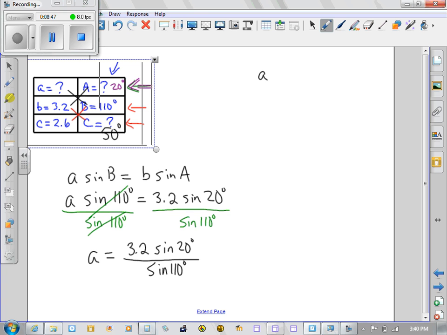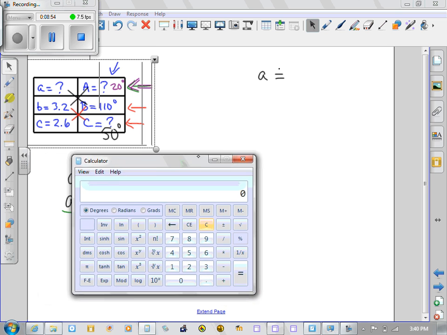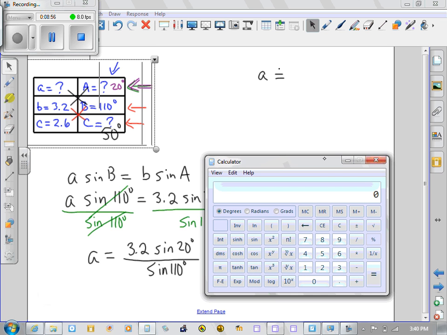So if we grab our calculator once more and we key that in, I'm just going to clear that, and we'll enter in our numerator. I need to do this in reverse order. So 20, and I'll press my sine key. I'll multiply that by 3.2, and then I'll divide by the sine of 110.